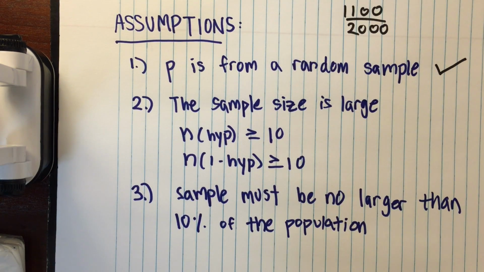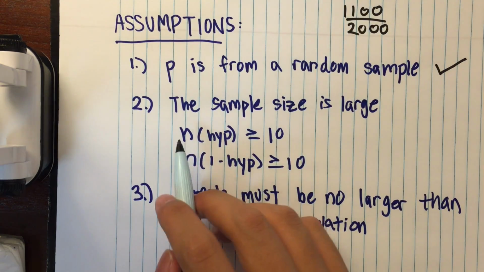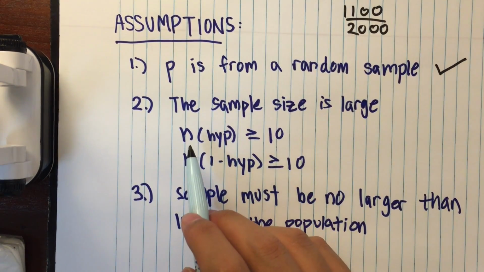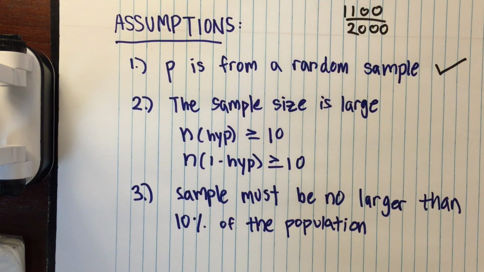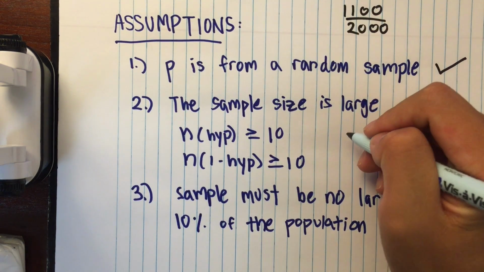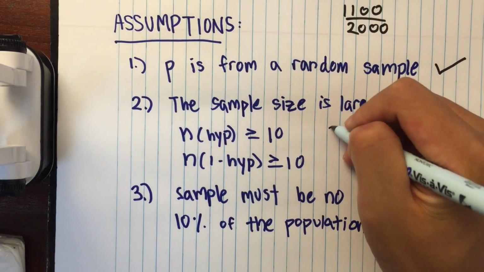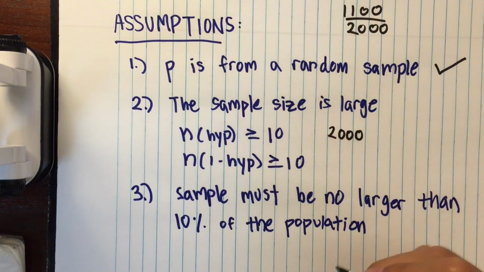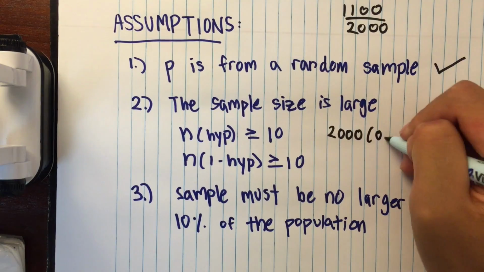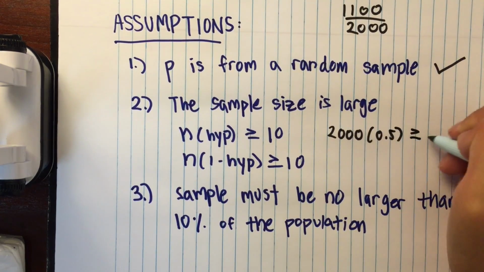Number 2, the sample size is large. This is determined with the following inequalities: n, the sample size, multiplied by the hypothesized value must be greater than or equal to 10, and n multiplied by 1 minus the hypothesized value, greater than or equal to 10. So I can check that over here. Our sample size, which is 2,000, multiplied by our hypothesized value, 0.5, greater than or equal to 10.